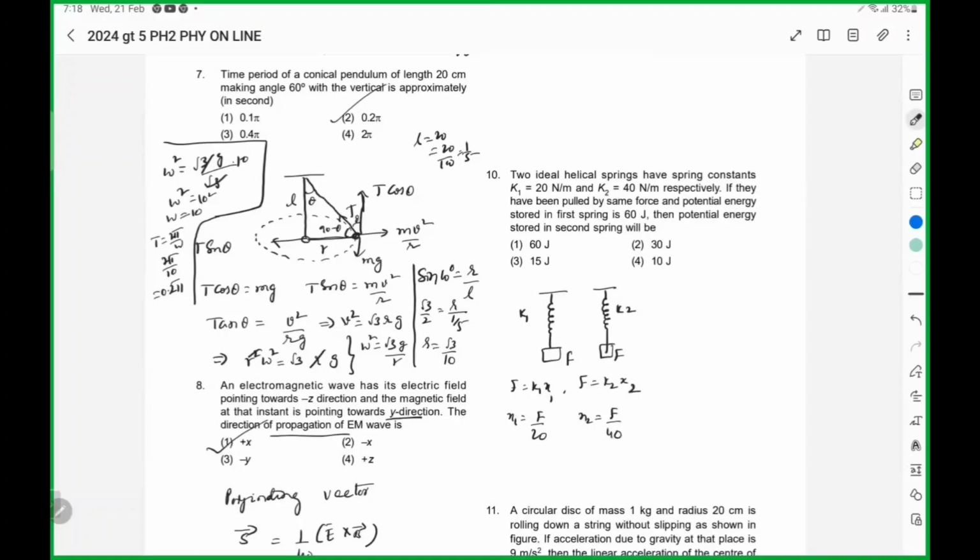So once it is stretched by some distance, the energy stored in the spring is equal to half k x square.